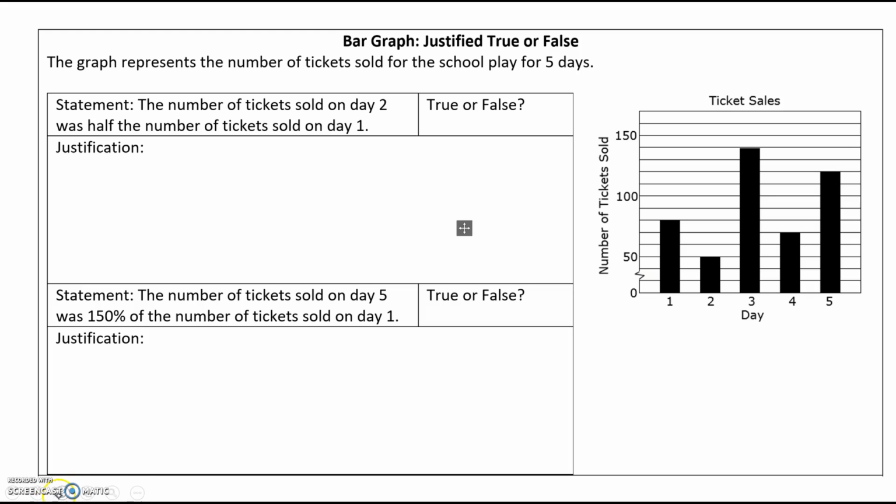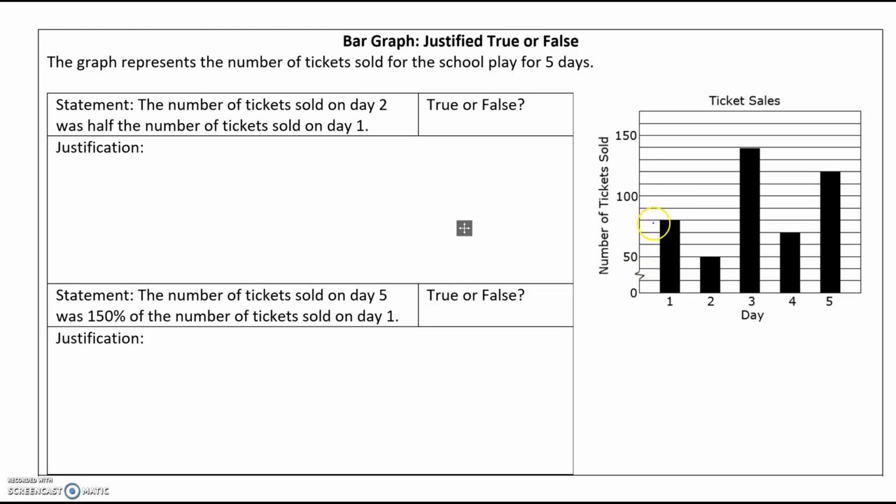Well, before we do anything, even before we read our problem, we're going to analyze our graph. It's representing ticket sales. Down here we have the days, day 1, 2, 3, 4, and 5, and the number of tickets sold. We count up to 50, and then 50, 60, 70, 80, 90, 100.